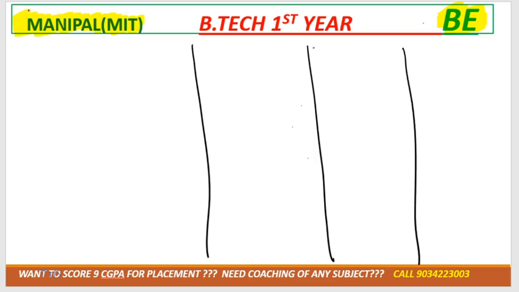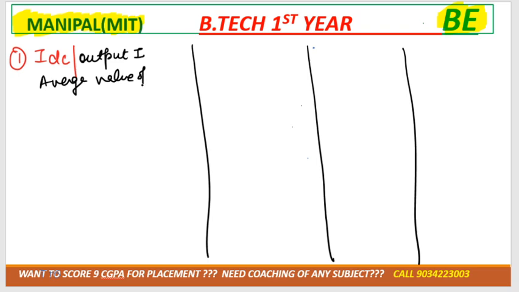So first they can ask you the value of IDC. IDC is the output current, right? Because as I told you, it converts AC to DC. Or they can say the average value of current. So they can give it in any form.